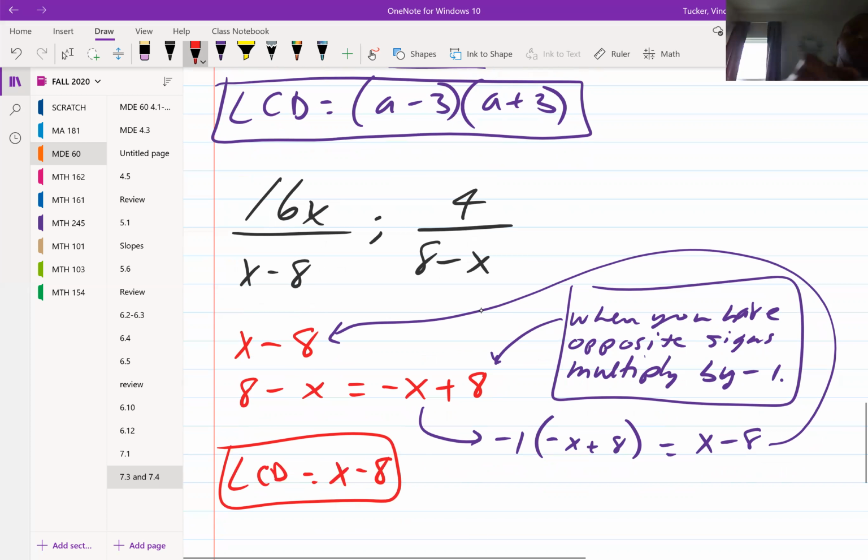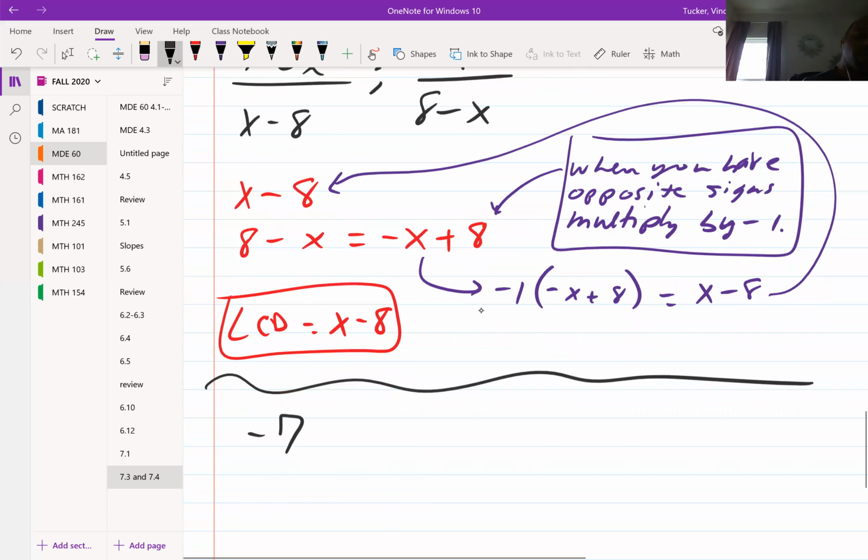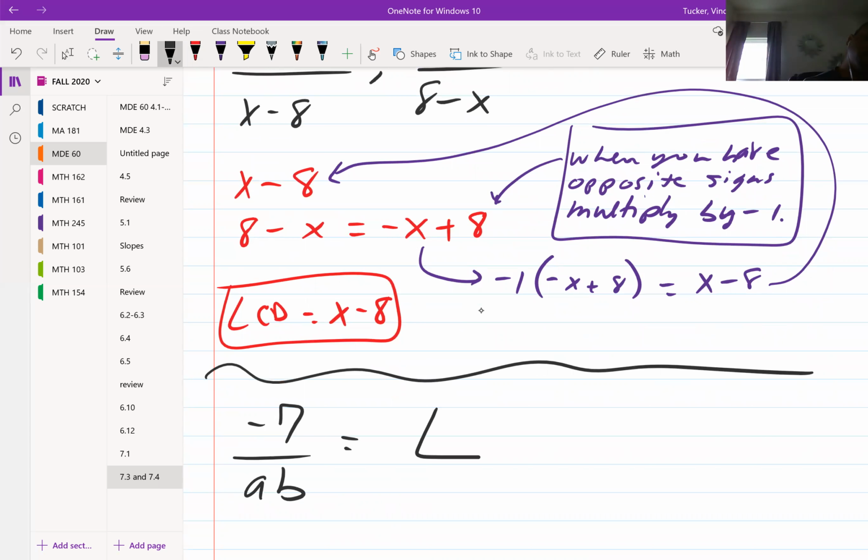All right, another type of problem in this 7.3. We want to fill in the blank to make it an equivalent fraction.